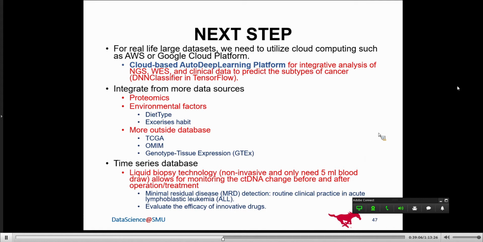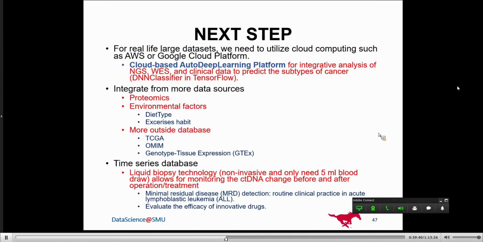We can also integrate data from more sources, such as proteomics data, or record environmental factors for the patients, like their diet type and exercise habits, to give more dimensions to our analysis. In addition, we can connect our database to outside databases, such as TCGA or GTEx, as I mentioned.